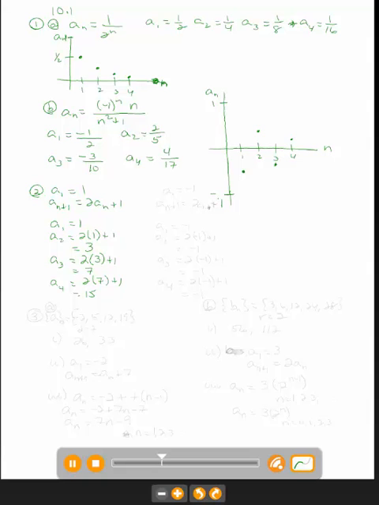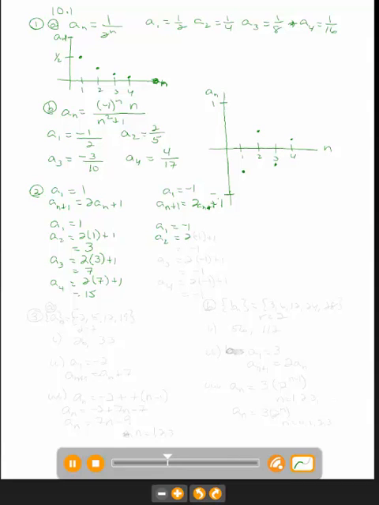And it appears that there's two questions here. The second one starts out with a sub 1 is -1, and a sub n plus 1 is going to be 2a sub n plus 1. All right, so first term is -1.